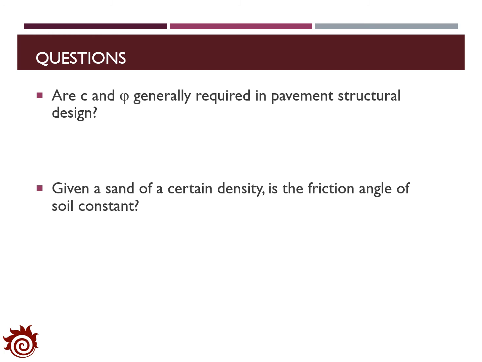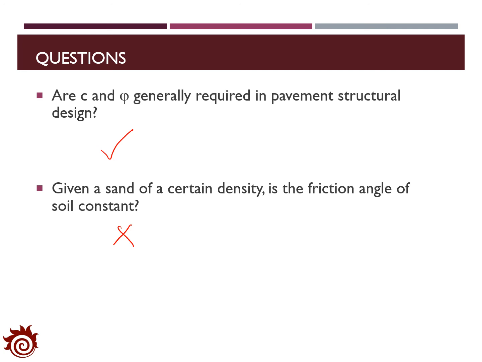Second, given a sand of a certain density, is the friction angle of soil constant? The answer is mostly no. Actually, the friction angle of the soil is determined by the soil contents and the density. So there are two factors.